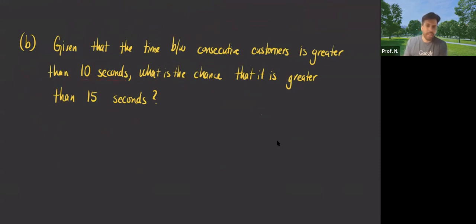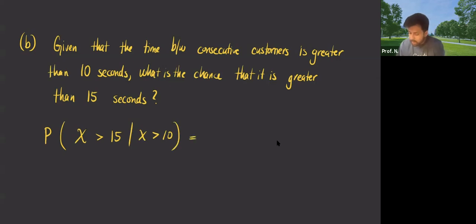What is the probability that it is actually greater than 15 seconds? So this looks very similar to what we had with the S and the T stuff, right? We're saying that X will be what? What is the probability that it's greater than 15 given that it is already greater than 10?